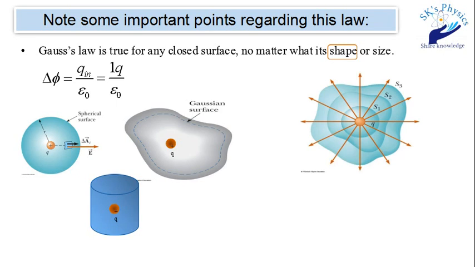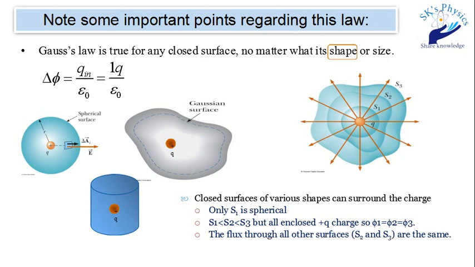Now here, closed surfaces of various shapes can surround the charge. Only S1 is spherical. S1 is less than S2 is less than S3, but all enclose charge plus q. So phi 1 is equal to phi 2 is equal to phi 3. The flux through all the surfaces is the same. These surfaces are called Gaussian surfaces.